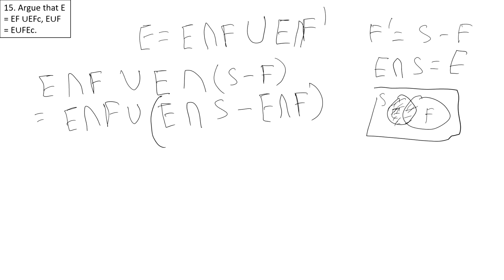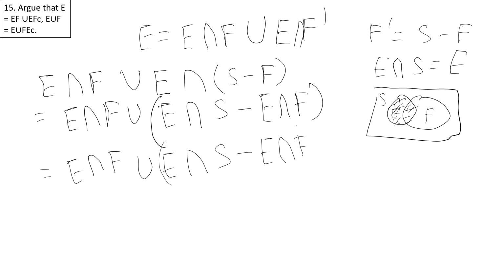Now if we break it, it becomes E intersection F union E intersection S minus E intersection F. This union is basically like summation.